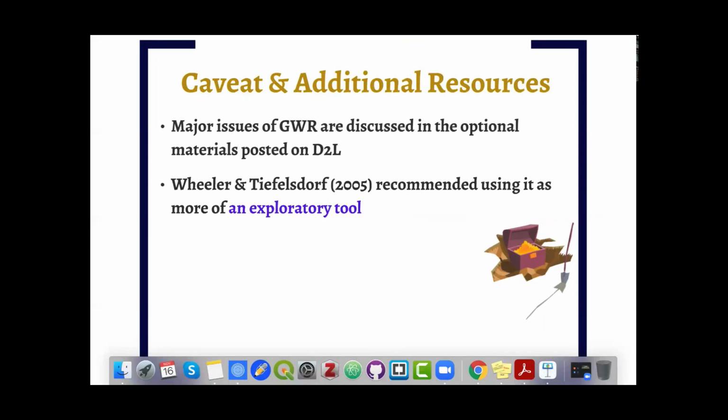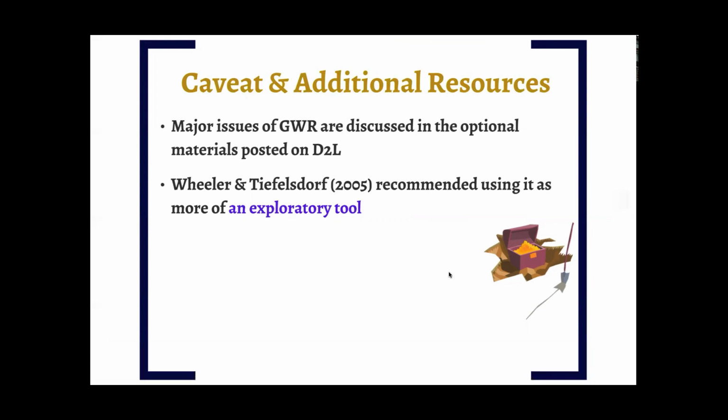The issues are discussed in the handbook. Essentially, because GWR is about picking local values and fitting a local model, it's not recommended for prediction purposes, because you're basically picking the values that are going to benefit a higher performance model.